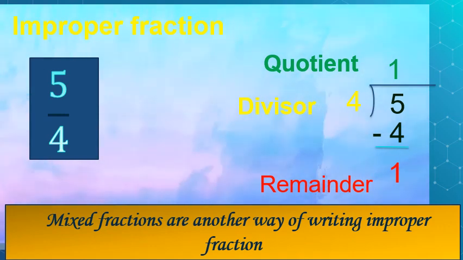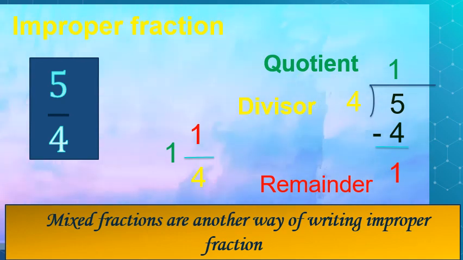Now we have to write the fraction as a mixed fraction. How will we write it? First we will write the quotient 1, then the remainder is the numerator, 1 by, and 4 as the divisor is the denominator.